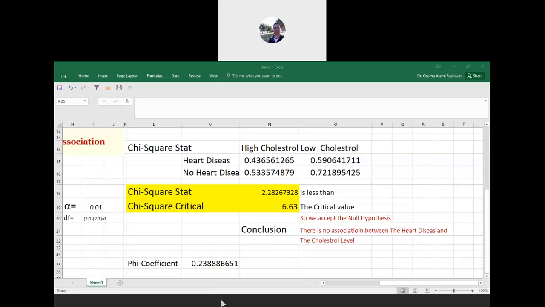So the degree of freedom is C minus 1 multiplied by R minus 1. Okay. In the chi-square for what? Correct. For the critical. Association. Okay, for the association. Okay. But when we use it in the test of goodness of fit, we have the sample size minus 1.